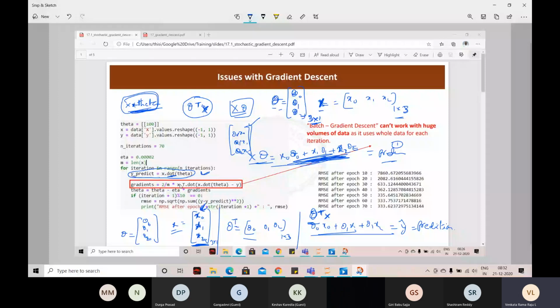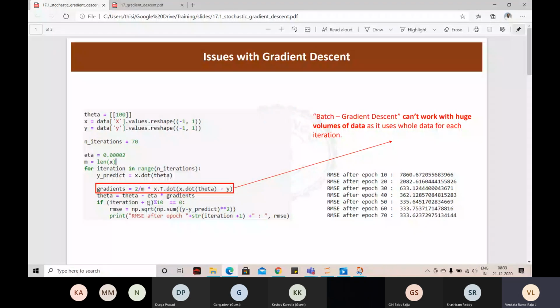Good. In the first iteration, what I did, I predicted values. When I do x dot theta, for all rows, I will get predictions. In this particular data set, I have got only x1. There is no x0, there is no x2. Only one column I have. There are maybe 100 or 1000 rows. For all rows, I'll get predictions.